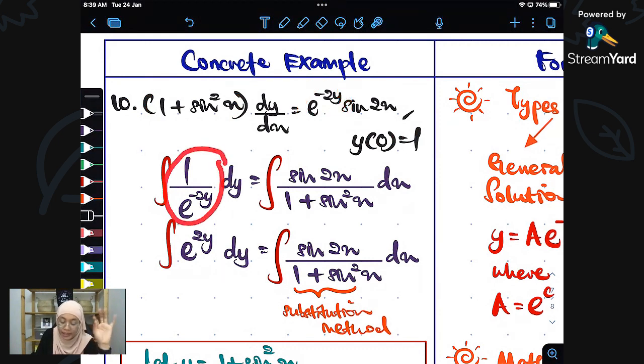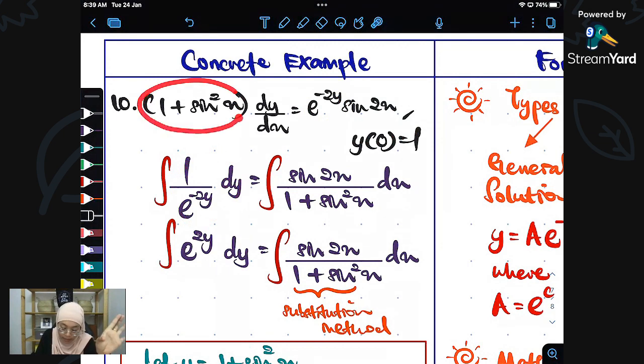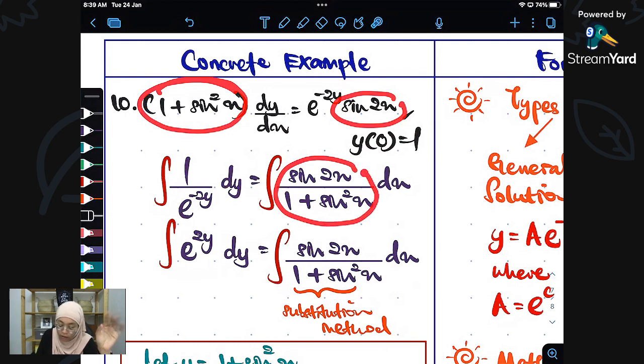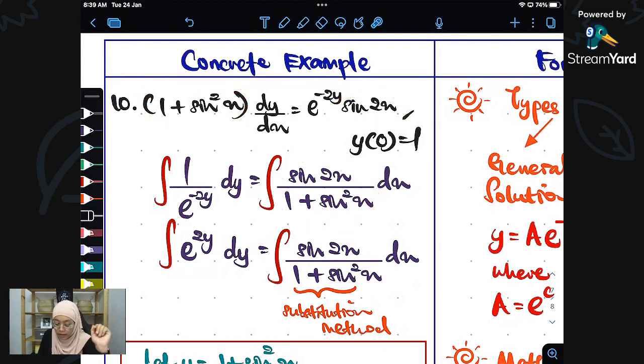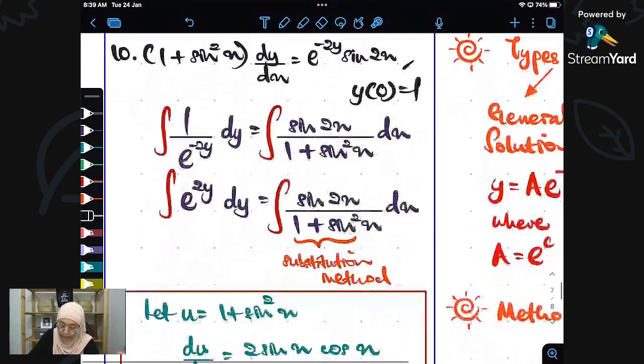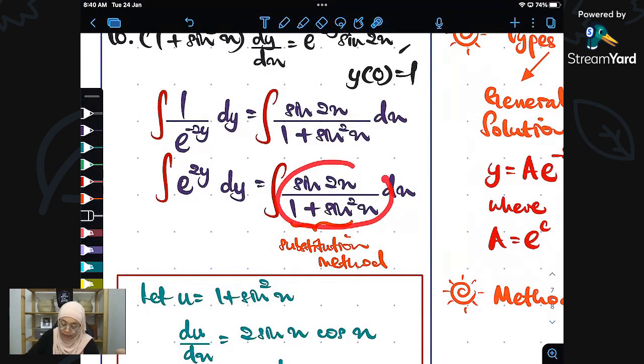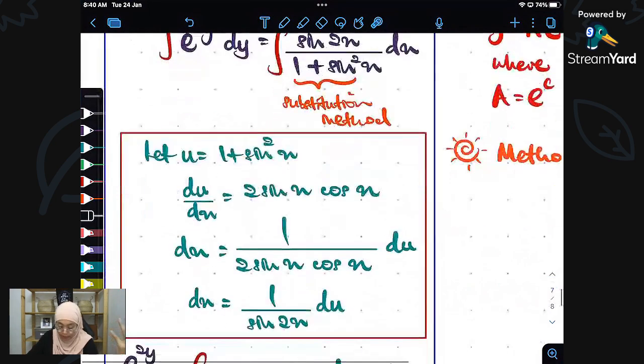So I got 1 over e^(-2y). This is team y, okay? Be careful with that. And this is sine, this is x, team x. Therefore, I got sin 2x over 1 plus sin squared x. And then I integrate both sides, and I realize that this is the substitution method, and then I solved it.